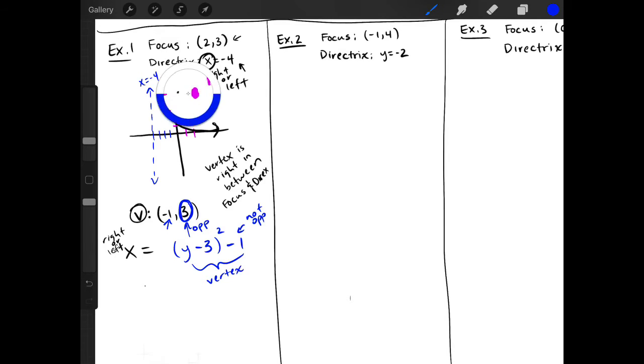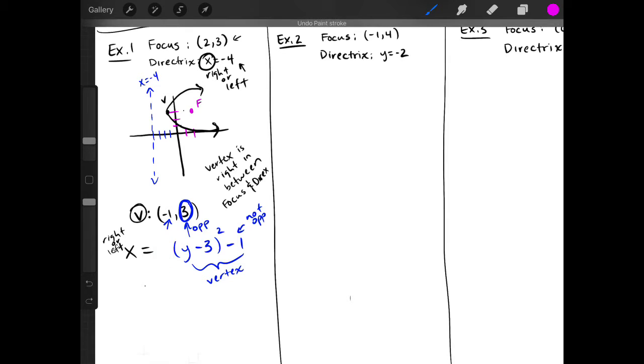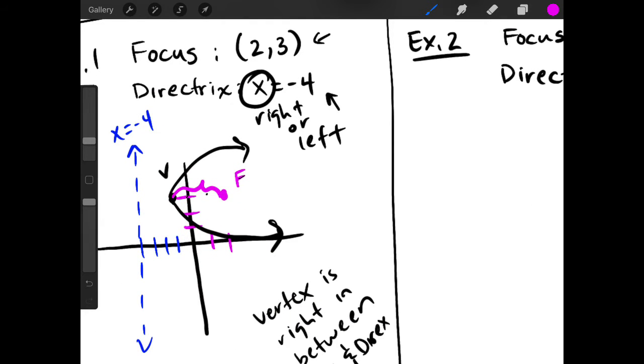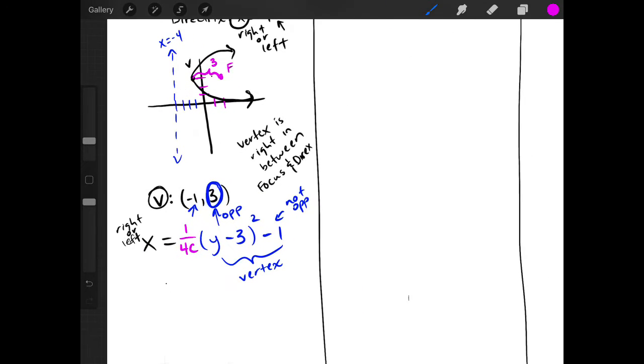The last thing we have to do here is add our fraction that sits out in front. The easiest way we can do that is just think of this fraction as always related to 1/4c. What we need to do is find out what c is. Again, if you don't remember, c is the distance from the vertex to the focus, as we can see up here. That distance is 3.